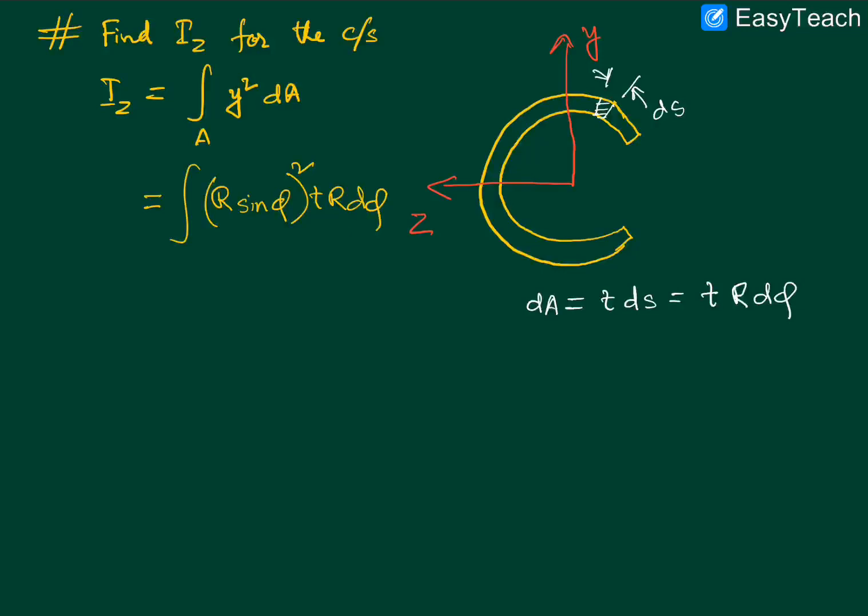So just to make this clear again, this angle here is alpha and this angle here is alpha, and because this entire angle is twice pi, the phi will go from alpha to twice pi minus alpha. Okay, so let's do this very quickly.